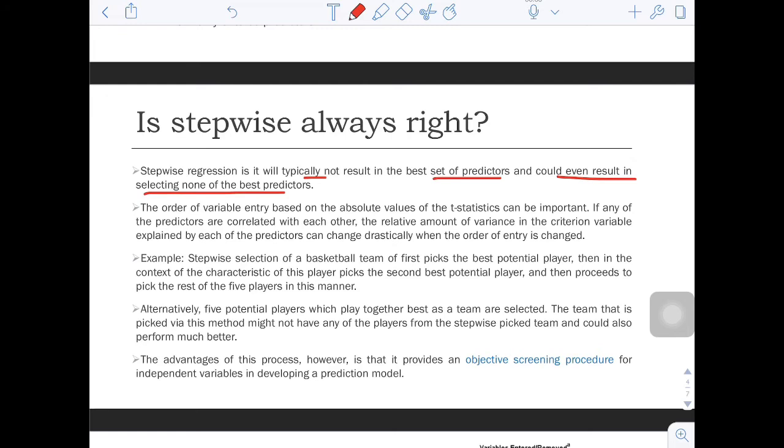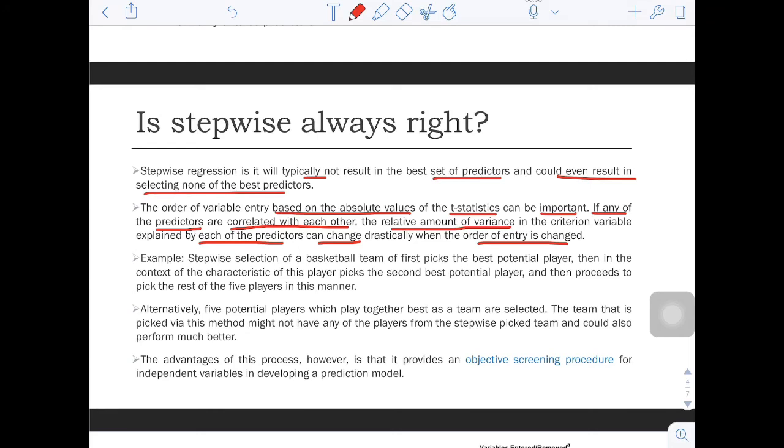In the last step, model number 5, it was actually removed. So the order of variable entry based on the absolute values of the t statistics can be important if any of the independent variables are correlated with each other. The relative amount of variance in the criterion variable explained by each independent variable can change drastically when the order of entry is changed.